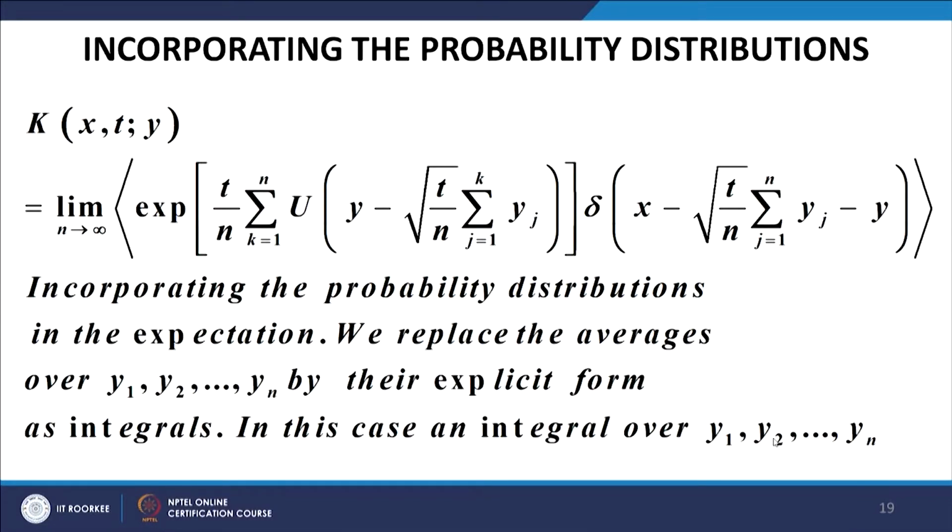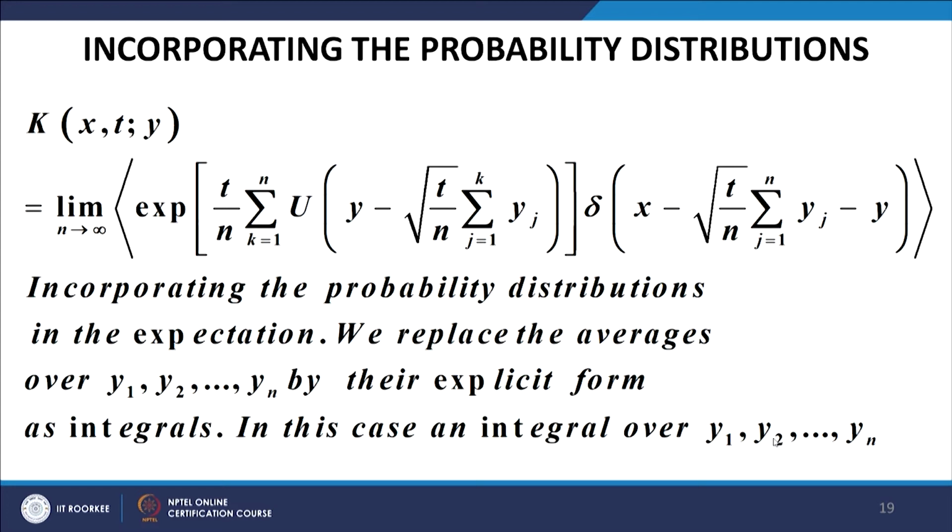Now, these angular brackets, as you know very well, represent expectations. They represent the expectation of whatever is contained within them, with respect to the probability distribution that we just talked about. Let us make it explicit. Instead of representing the expectation by these angular brackets, we now introduce explicitly the probability distributions of the random variables.